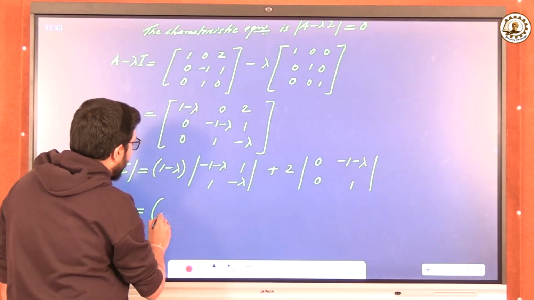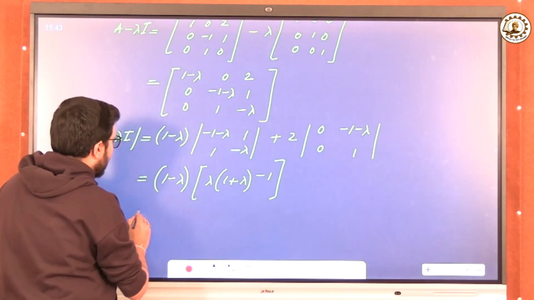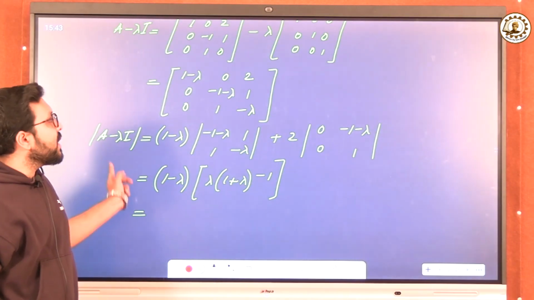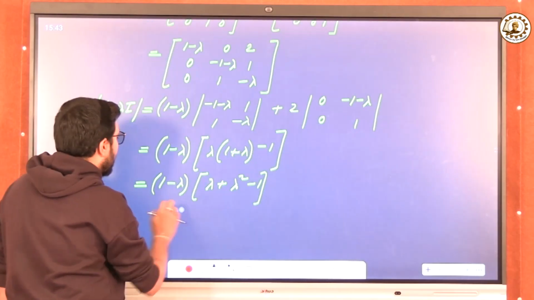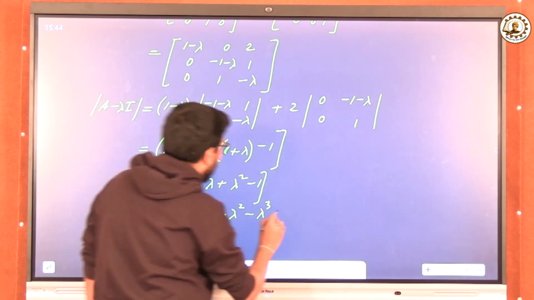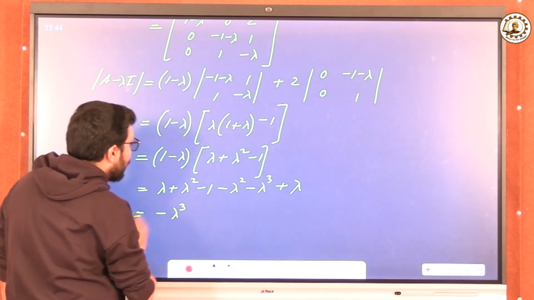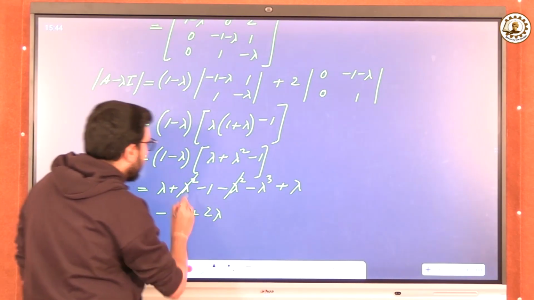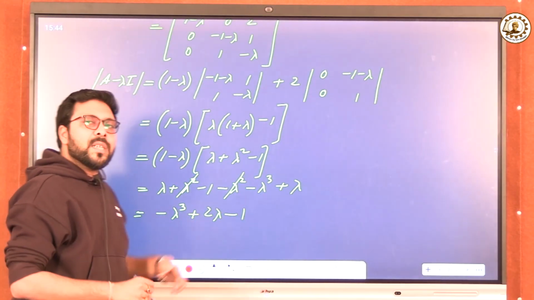Now if you expand it, you will get A minus lambda I mod. Now just multiplying. So the final expression is minus of lambda cube, we are cancelling lambda square, 2 lambda and minus 1. So this is the value of det of A minus lambda I.